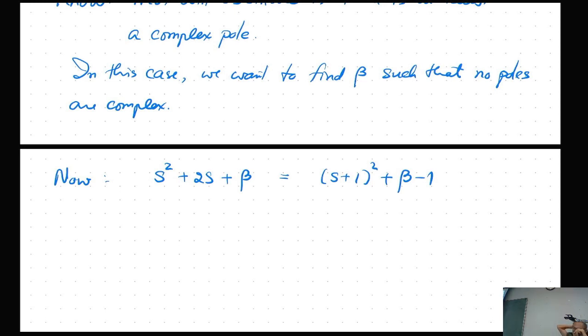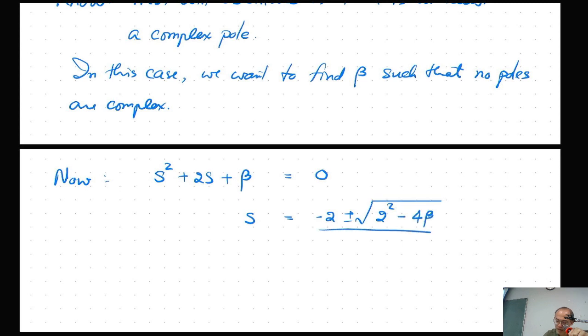Another way is to use the formula. So let's do another way: let's make it equal to 0 and find the roots of this. Can you find the roots of this? Of course you can, right? So the root is minus 2 plus or minus the square root of 2 squared minus 4 beta, divided by 2.